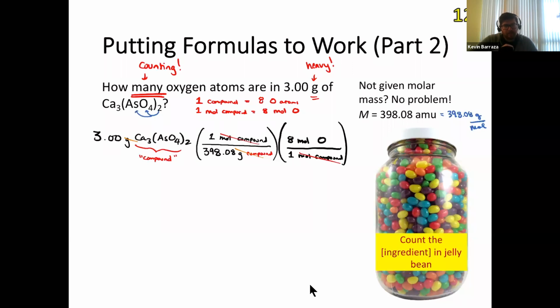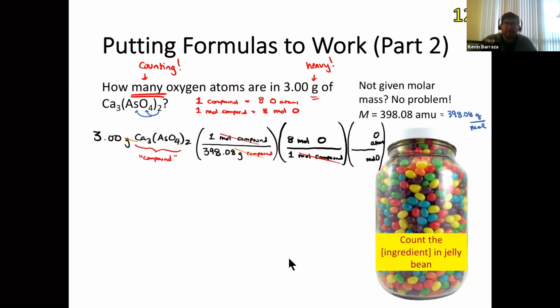And those will cancel. Now the last step would be, well, I have my moles of oxygen, but I just want to count individual oxygen atoms inside this substance. So I need to go from a mole of oxygen to, and I've run out of room a little bit, O atoms.